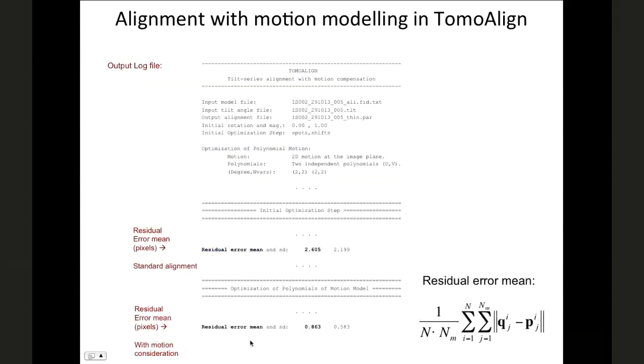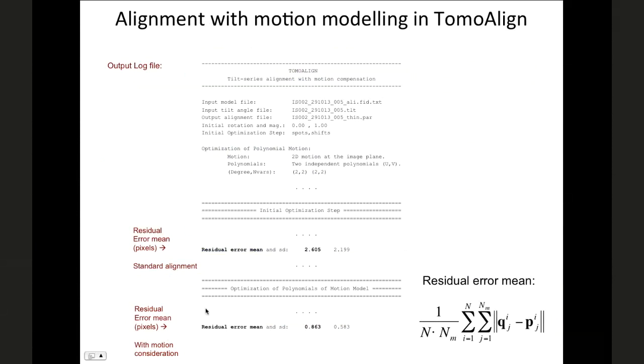Okay, so if we run these commands, we obtain on the console or in a log file a report of the optimization process, the residual mean with the standard alignment, and how it has been reduced with the motion consideration.